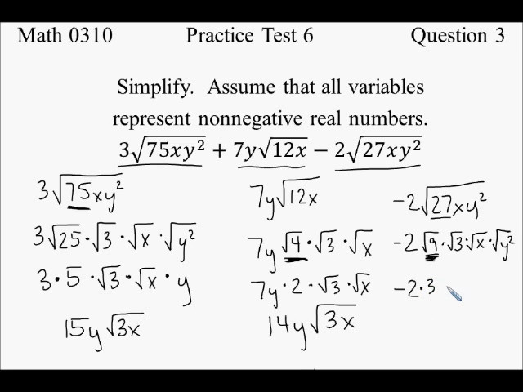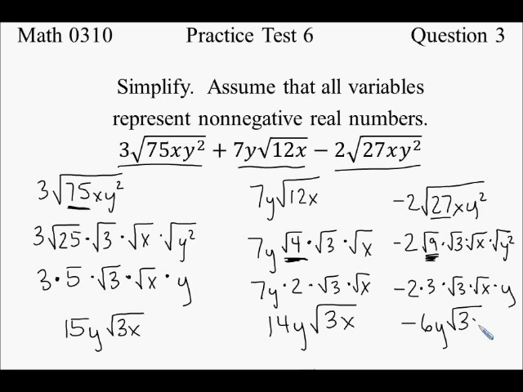And then times all this stuff here, so times square root 3 times square root x. And since this is a perfect square, y times y will give us the y square underneath, so that can be simplified to y. So now this becomes negative 2 times 3, which is 6. We also have a y outside, so negative 6y. And the square root 3 times square root x is again going to become square root 3x.